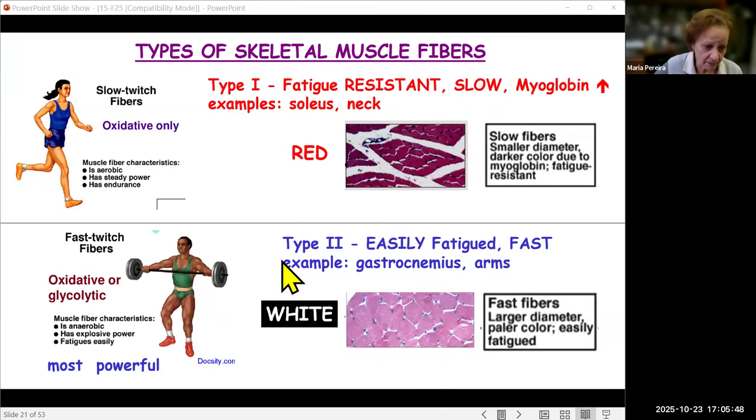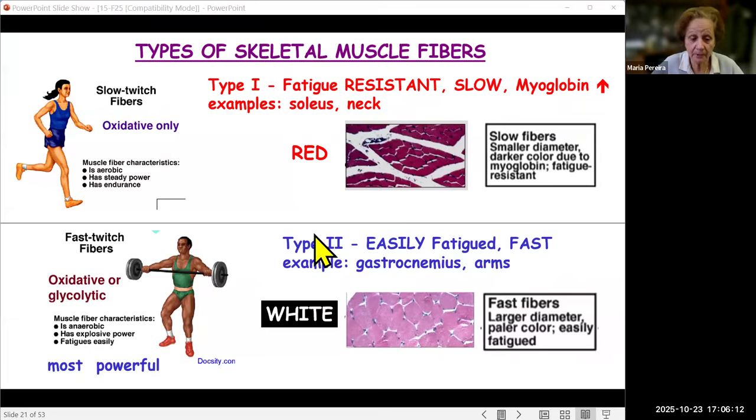Type 2 muscle fibers, they fatigue easily because they have low levels of myoglobin, so they have to rely on glycolysis. So they're glycolytic, but they're very powerful. They have large diameters, so that means that they have a lot of myofibrils.